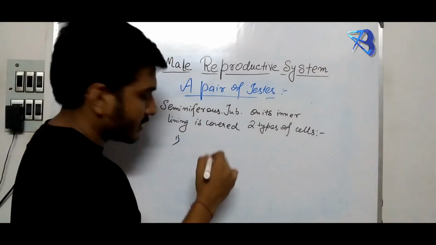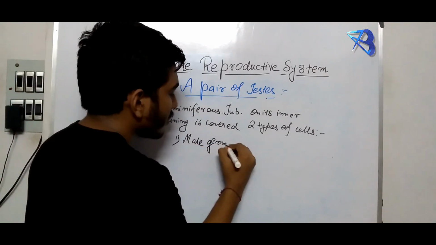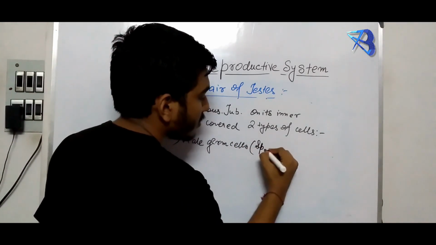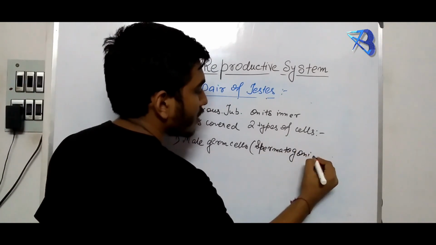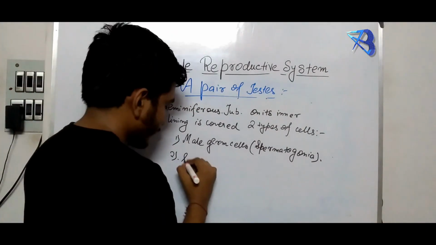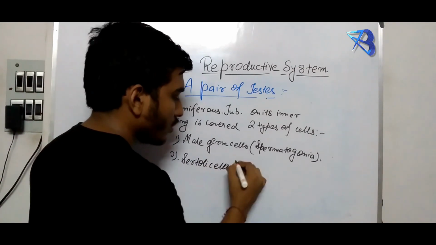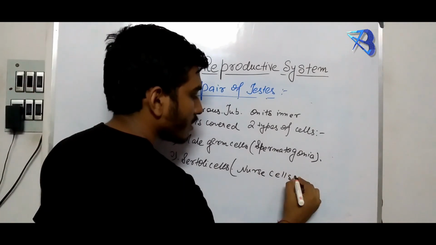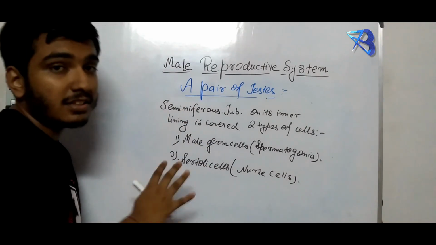First is the male germ cells, also known as the spermatogonia. And the second is the Sertoli cells, also known as the nurse cells. Now, what are the functions of these 2 cells?